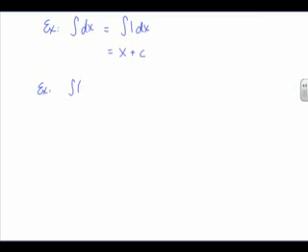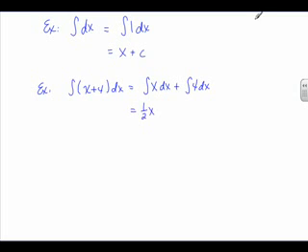If you have an antiderivative of a function that has more than one term, you can break that down into smaller pieces. So I can rewrite this as the antiderivative of x dx plus the antiderivative of 4 dx. Now notice that a dx gets stuck on both integrals. Every time you write the integral sign, you've got to have the dx on the end of it.